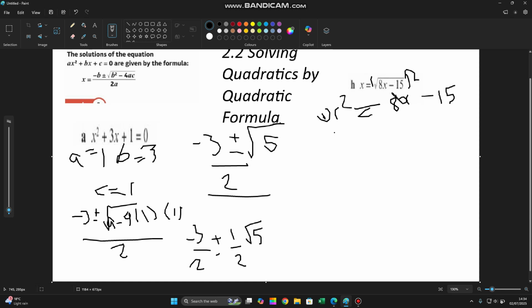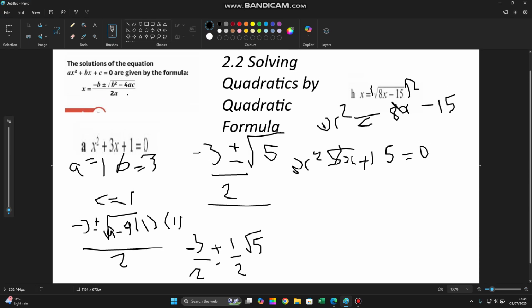We can minus the 8x minus 15 on the other side to get all the x terms on one side. So it would be x squared minus 8x plus 15 equals 0.